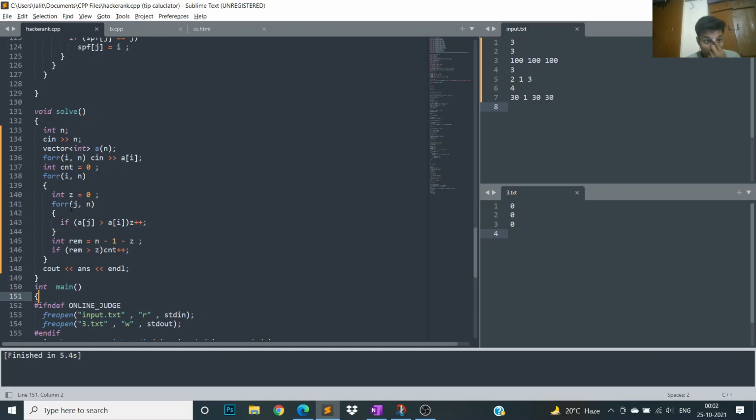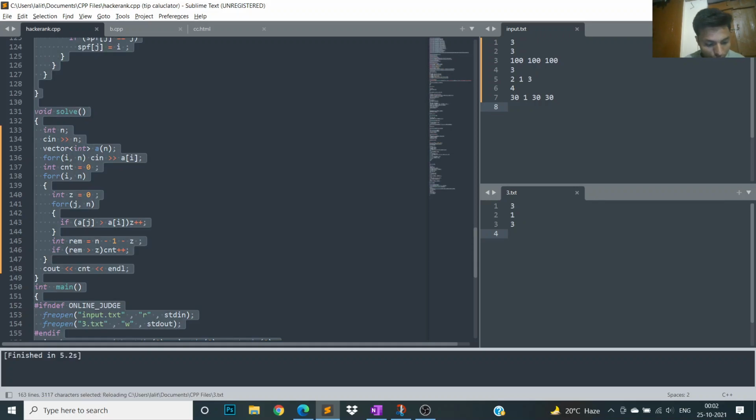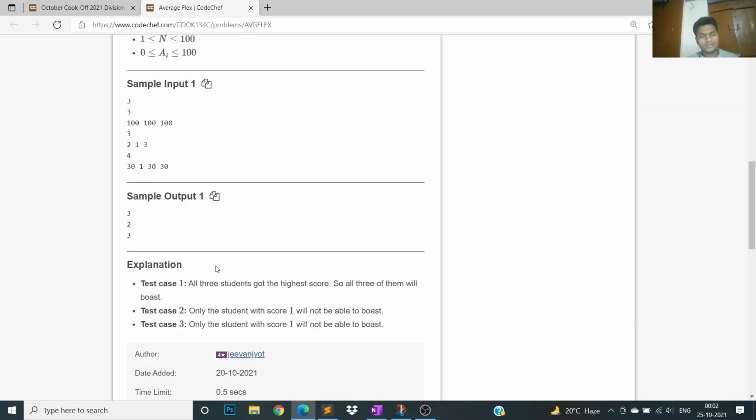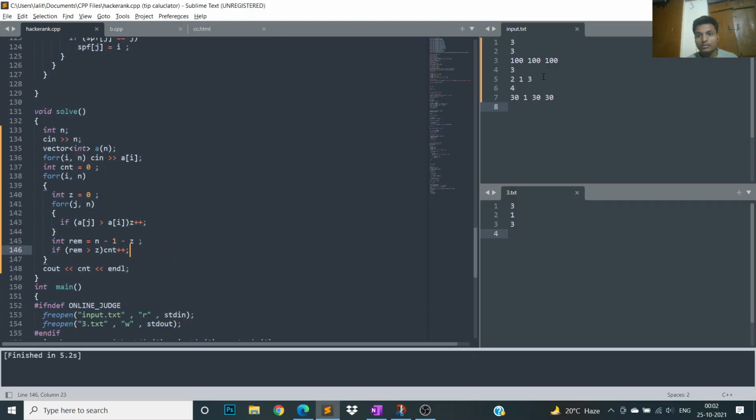For j, if A of j is greater than A of i, then z plus plus, then the remaining will be N minus 1 minus z. And we print the count. Oh shit, count. What is happening here?